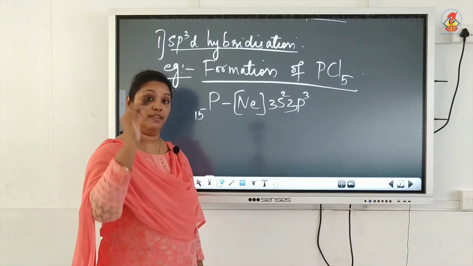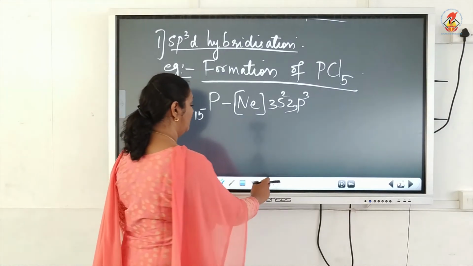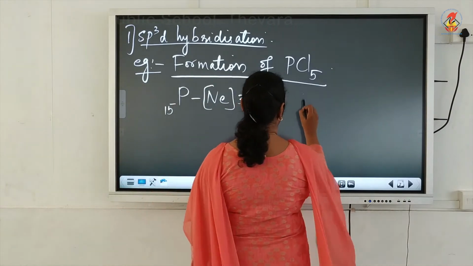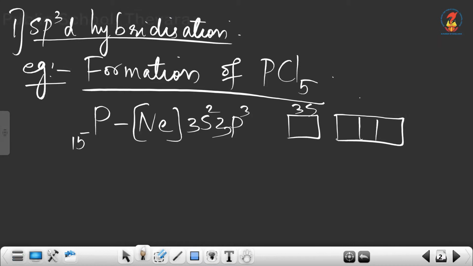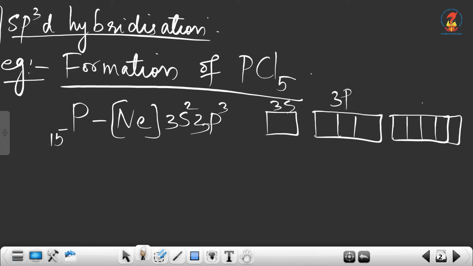And you know phosphorus is in group number 15, so it has 5 valence electrons, 3s2 3p3. Now let's draw the orbital diagram. The orbital diagram is 3s, 3p, and we have 3d orbitals also, but it is vacant. So 3s2 3p3.